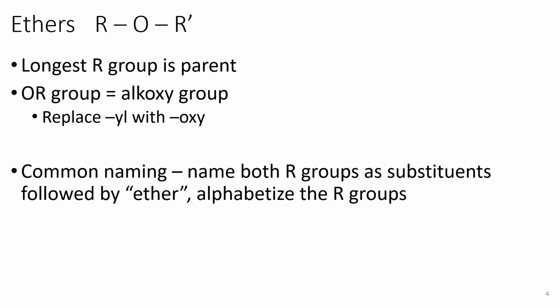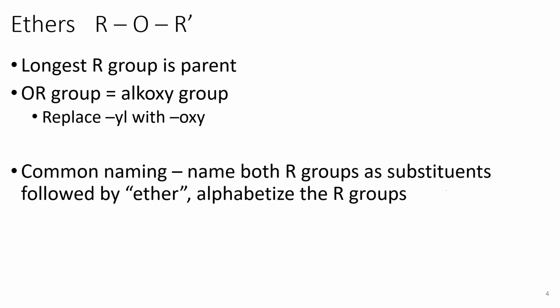Ethers are very common with naming as well. The common naming for ether you see more often than you do the IUPAC naming. With common naming for ethers, you name both R groups as substituents, so you name both of them as alkyl branches, and then you follow it by the word ether. This one does have spaces.